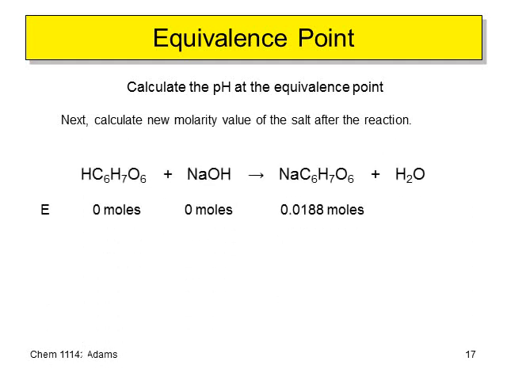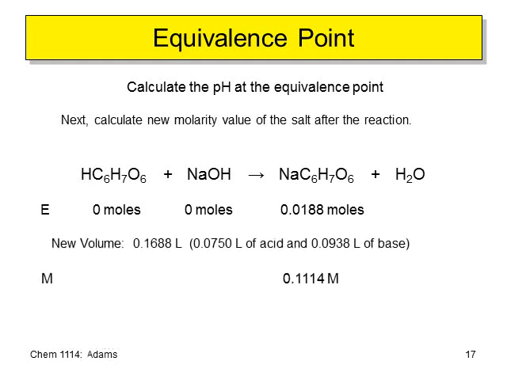Now, we are going to calculate the new molarity value of the salt after the reaction. This is from the previous slide, the equilibrium concentration, moles, and the new volume is the molarity, the volume of the acid plus the volume of the base.